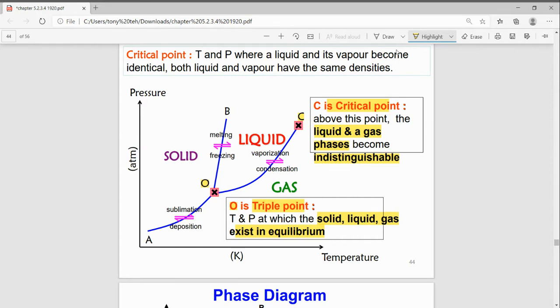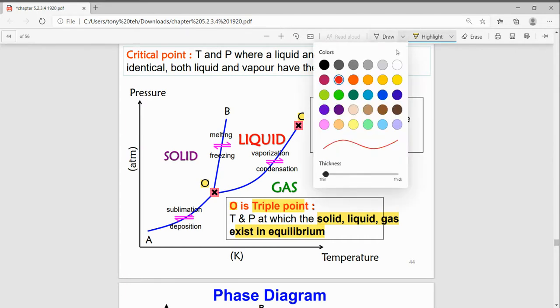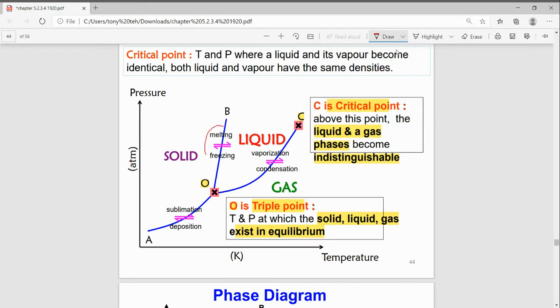Then you can see here, solid to liquid is melting, liquid to solid is freezing, liquid to gas is vaporization, gas to liquid is condensation. So from here we also know that solid to gas is sublimation, gas to solid is deposition.